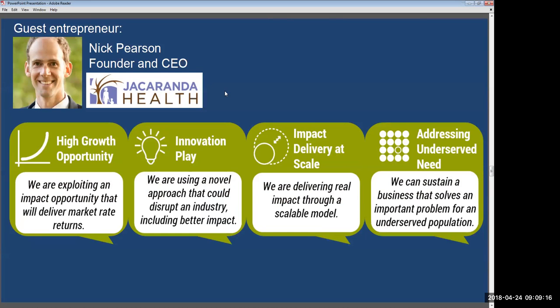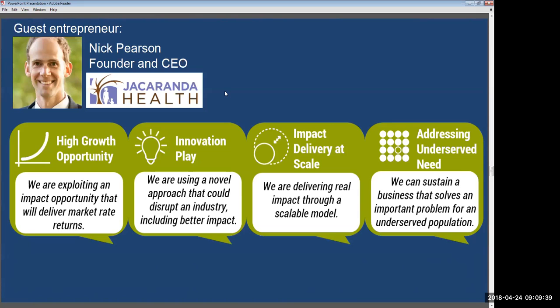We're clearly addressing an underserved need in the community, but we're trying to drive towards impact delivery at scale. And as Cathy pointed out nicely in her presentation, addressing an underserved need is a lot more compelling when you're talking to really soft investors, the foundation guys who are impact first, and impact wholly in some cases.